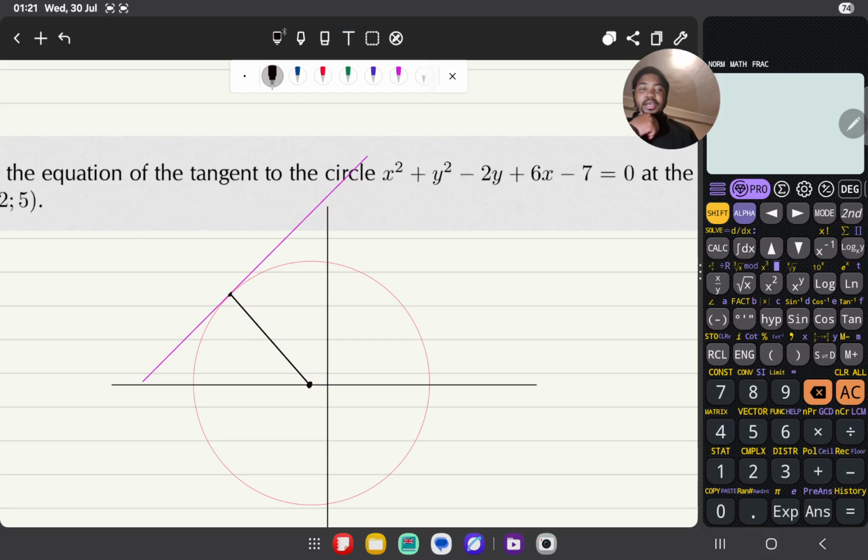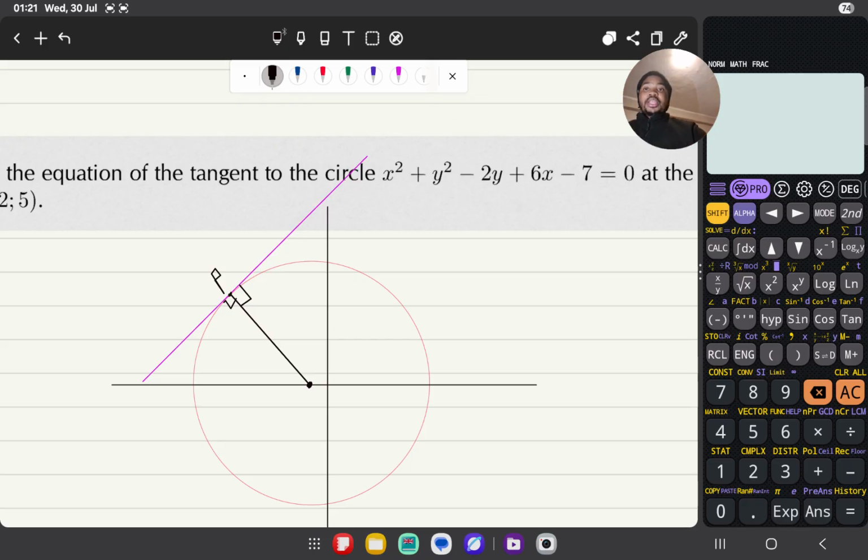If I draw a straight line from the center of the circle to the circumference where the tangent is, so I draw my radius, from the center to the circumference at the tangent point, which is say point P, what's going to happen is that my tangent and my radius will always be perpendicular.